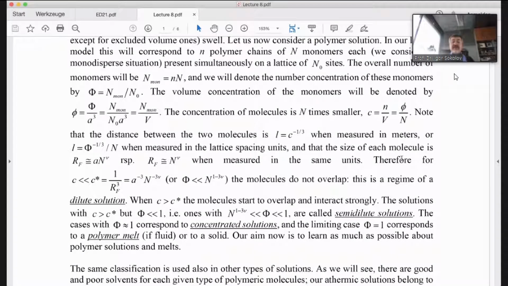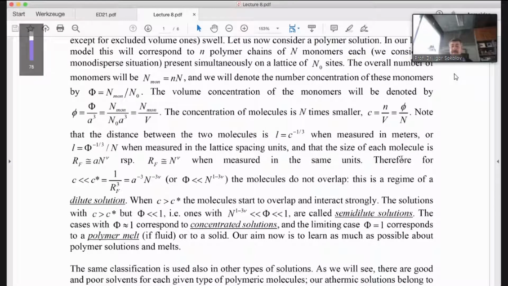And now let us have a look at what happens in the situation of a dilute solution, where the molecules typically do not intersect, and when they do intersect.